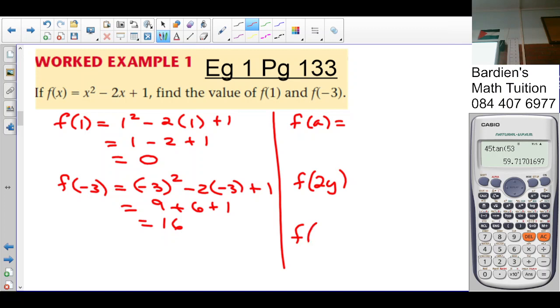And what is f of x plus h? Okay, so what is f of a?